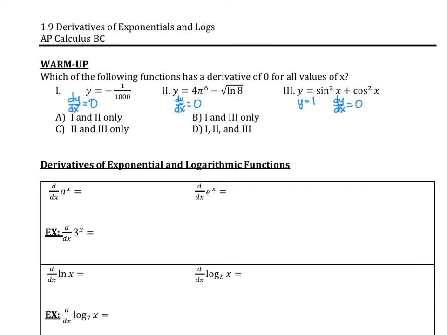If you maybe didn't see that and saw a chain rule, with y equals sine squared x plus cosine squared x, we'd have 2 times the sine of x times cos x, plus 2 times the cosine of x times negative sine of x. So we get 2 sine x cos x minus 2 sine x cos x, which gives you 0. So the answer to this would be D.